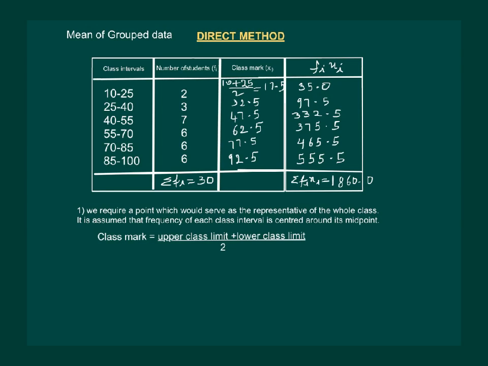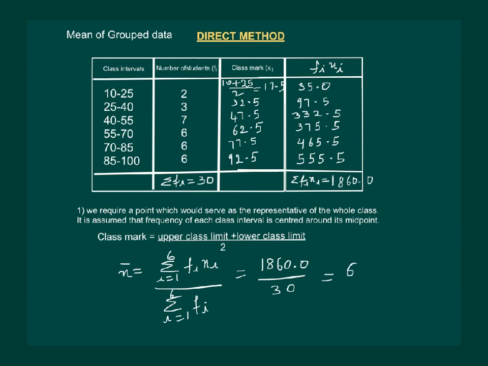Now the mean of this group data will be given by x bar equal to summation i varying from 1 to 6, as there are 6 entries 1, 2, 3, 4, 5, 6, fi into xi whole by summation i varying from 1 to 6 fi. So we have 1860.0 whole by 30, that is equal to 62. Hence the mean of this group data is 62.